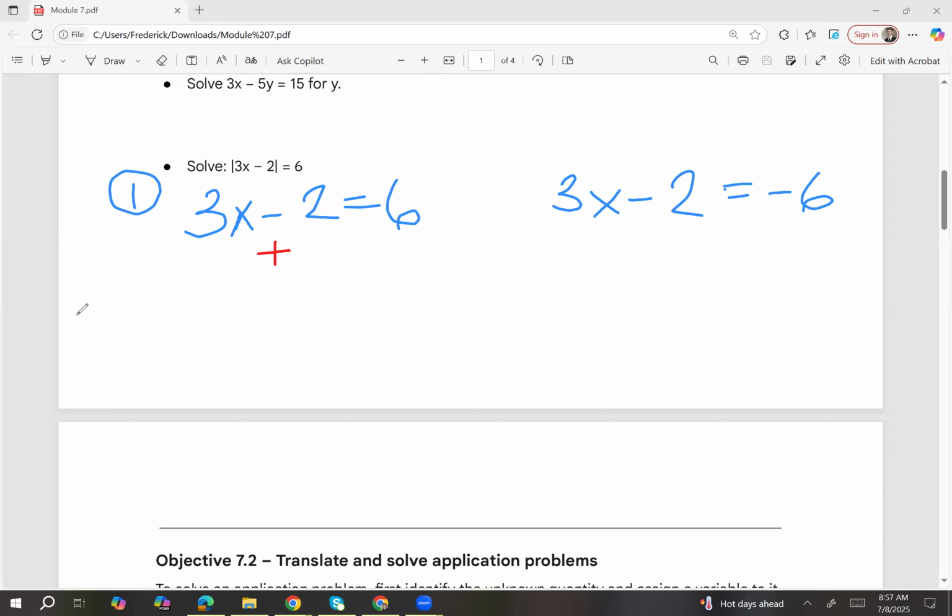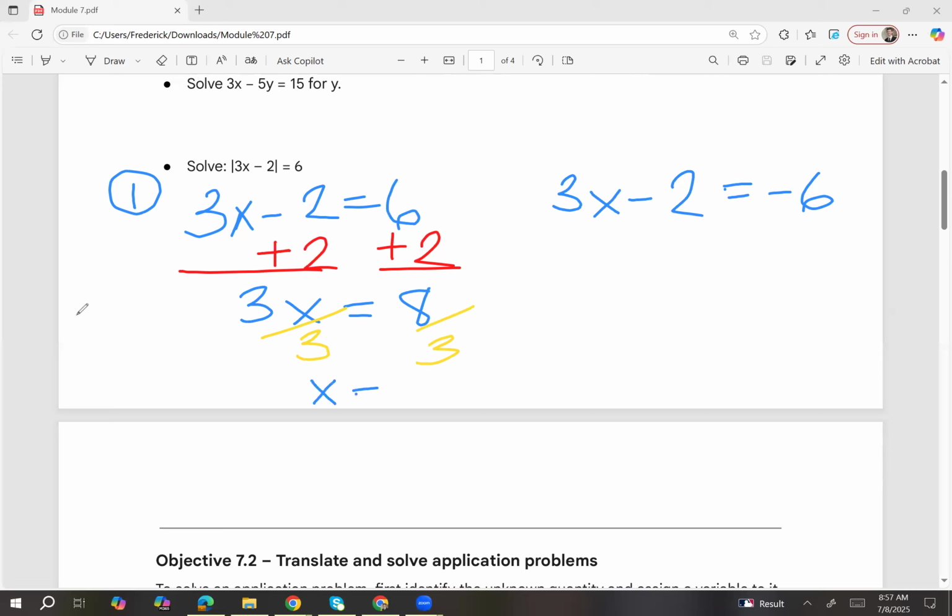So here we're looking at minus 2 on the left. We need to eliminate that. Bring down a 3x equal 8. And finish this by dividing 3 on both sides for x equal 8/3 as one solution.